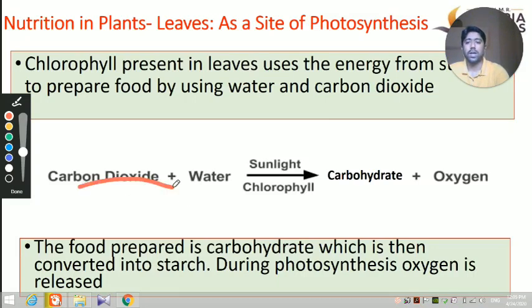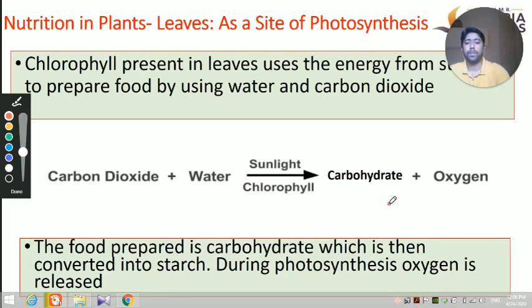So carbon dioxide plus water in the presence of sunlight and in the pigment chlorophyll produces carbohydrate, which is the main food, and releases oxygen to the atmosphere.